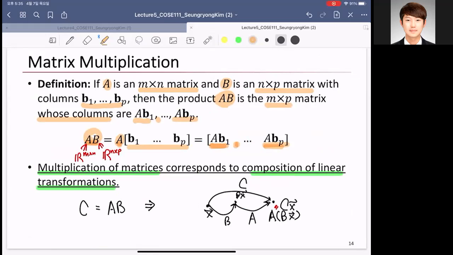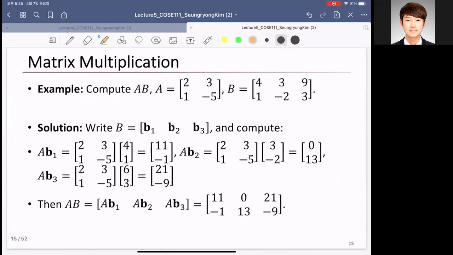So, let me show you an example. What do we want to do? We want to compute AB, where A is 2, 1, 3, negative 5, and B is 4, 1, 3, negative 2. There was a typo. This one is 6, 6, 3, 6, 3.